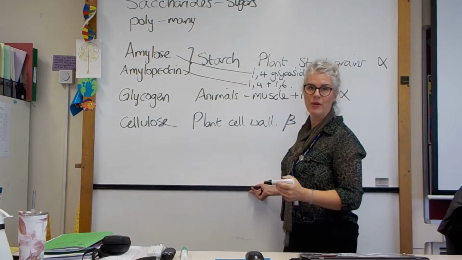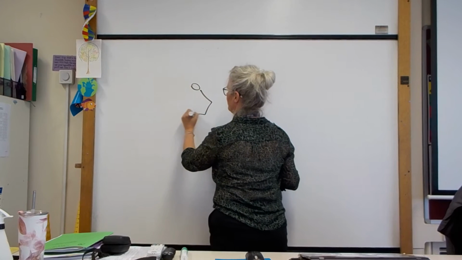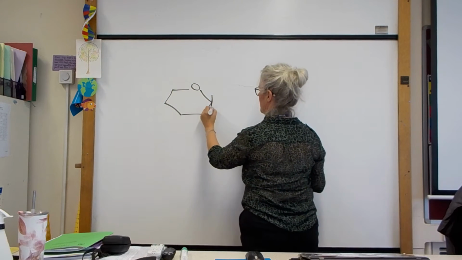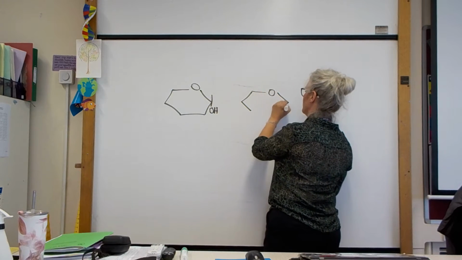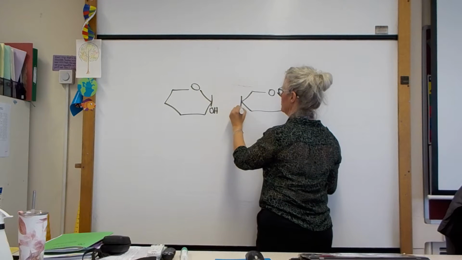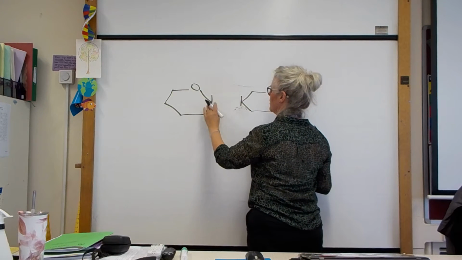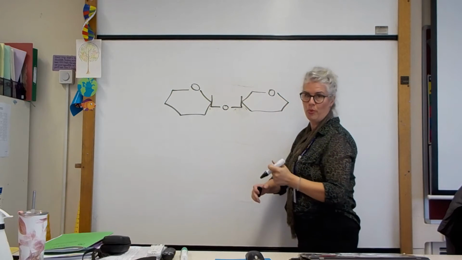So I'm going to talk a little bit about those. If you remember your sugars, and then you have your OH group there. You can form your glycosidic bond between these. So if you get rid of your water, then you have formed a glycosidic bond there.